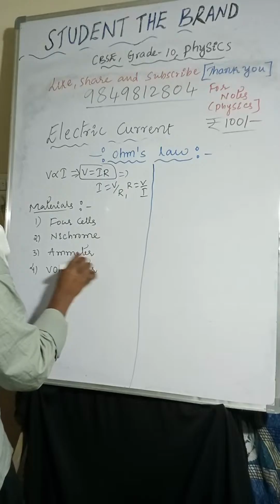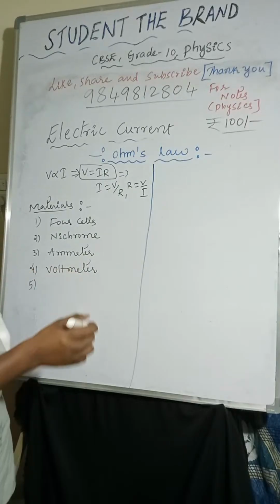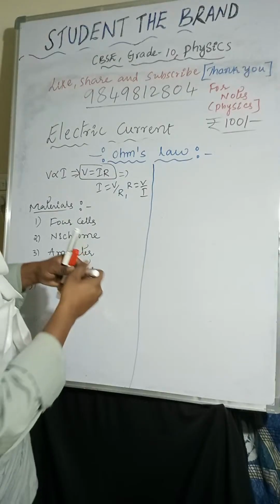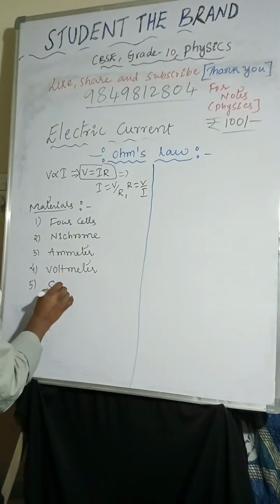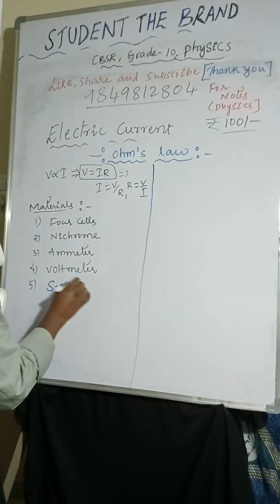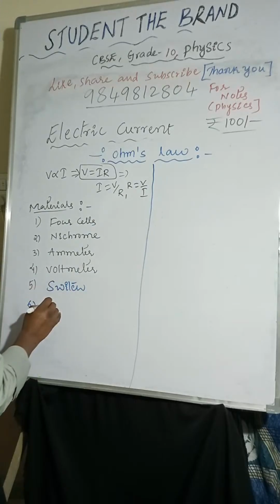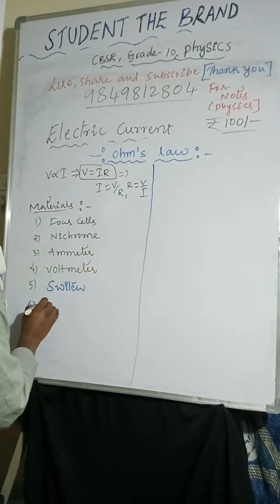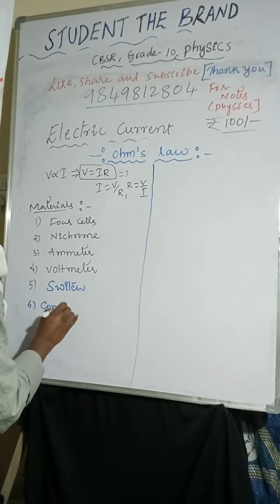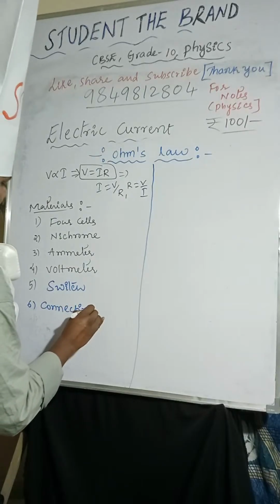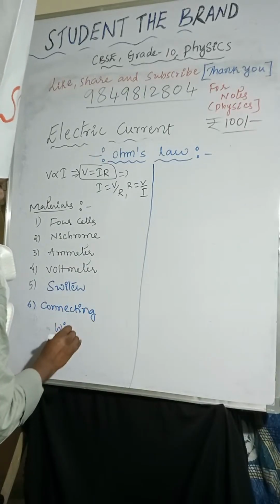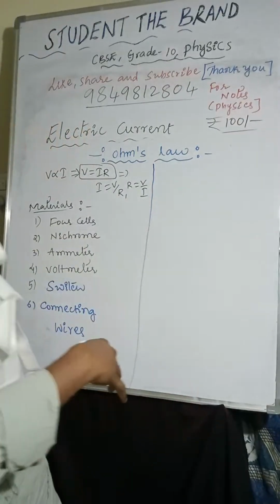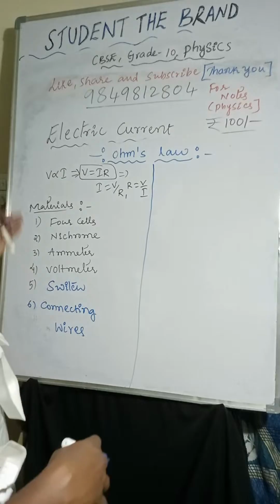The fifth one is switch. The sixth one is connecting wires. So 4 cells, nichrome wire, ammeter, voltmeter, switch, connecting wires. These are the materials required.